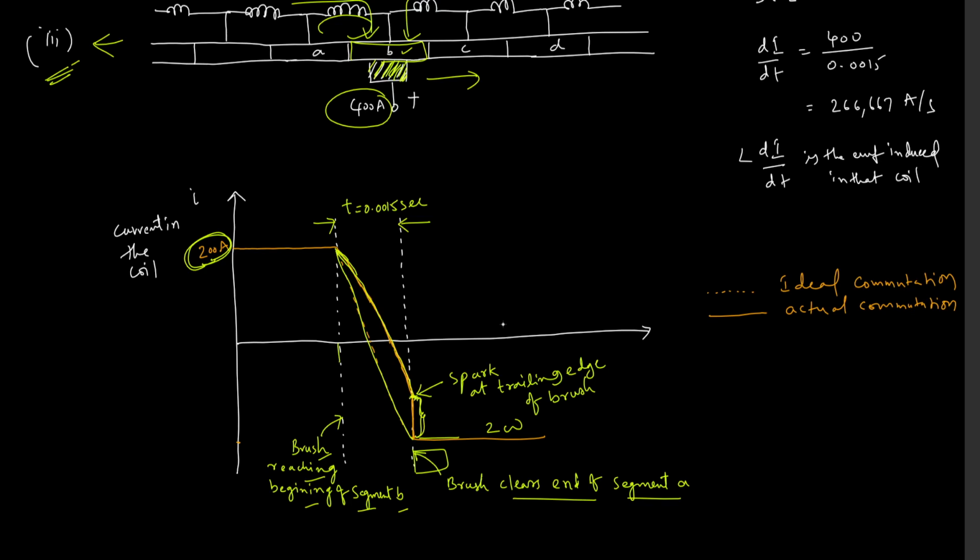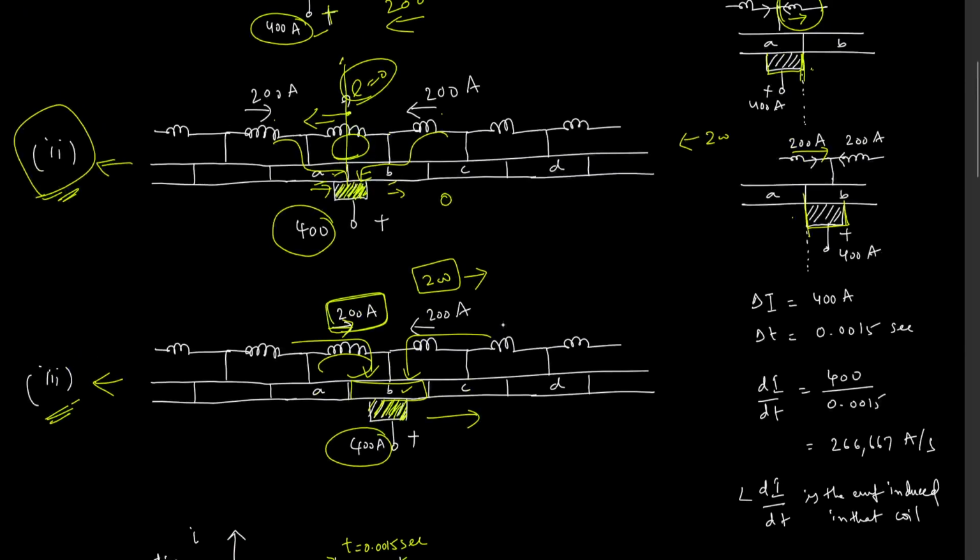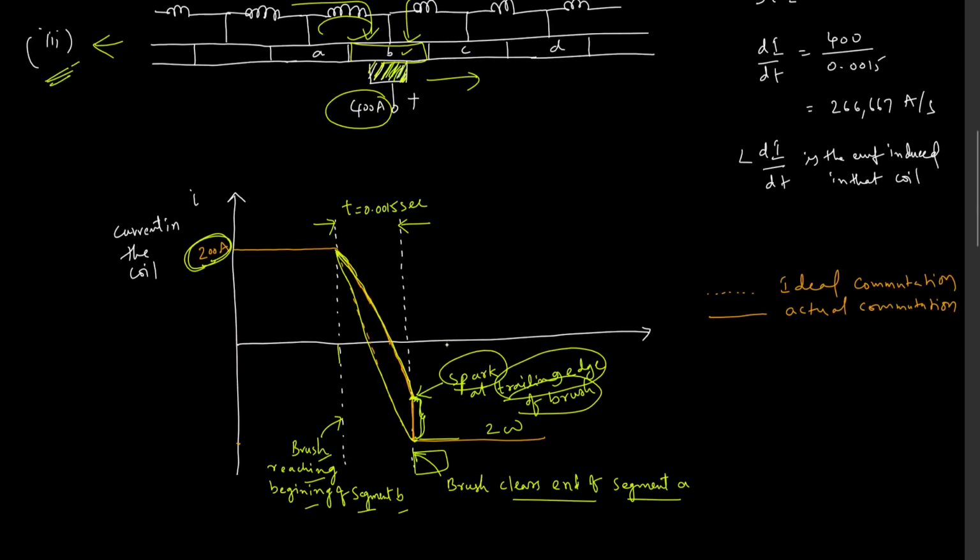Now it will jump from this value to this value with the creation of a spark or arc at the trailing edge of the brush position. So there will be a spark at the trailing edge of the brush position due to this reversal.